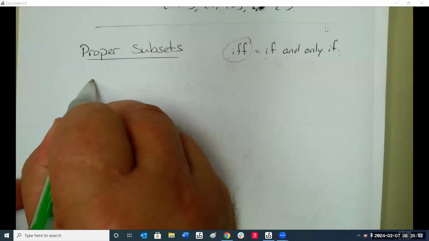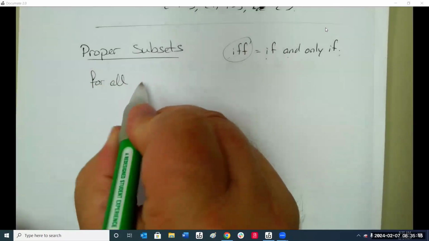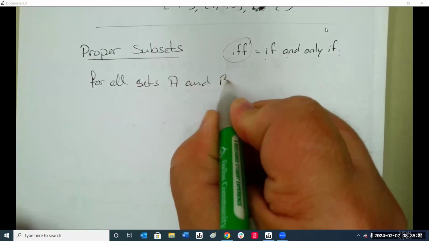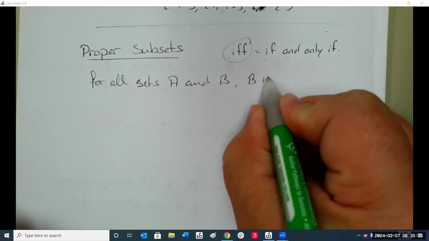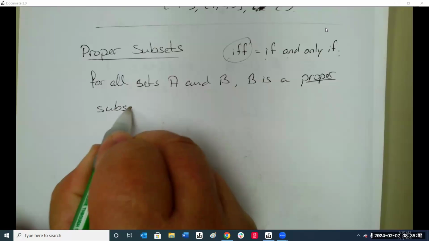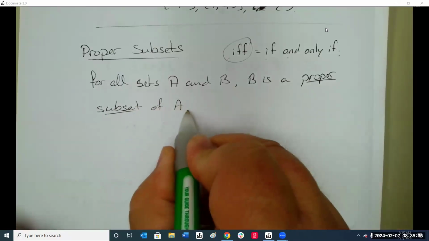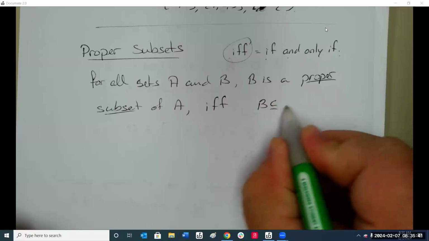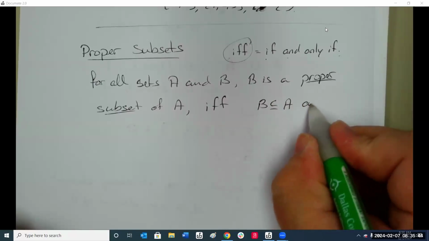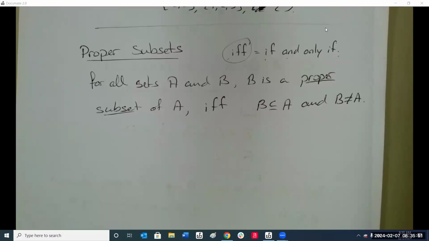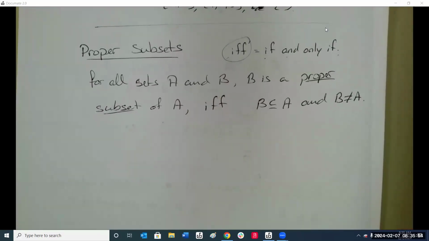So the proper subsets, as it says on your sheets, for all sets A and B, B is a proper subset of A if and only if B is a subset of A and B does not equal A. So what does that mean? B is a subset of A and B does not equal A.